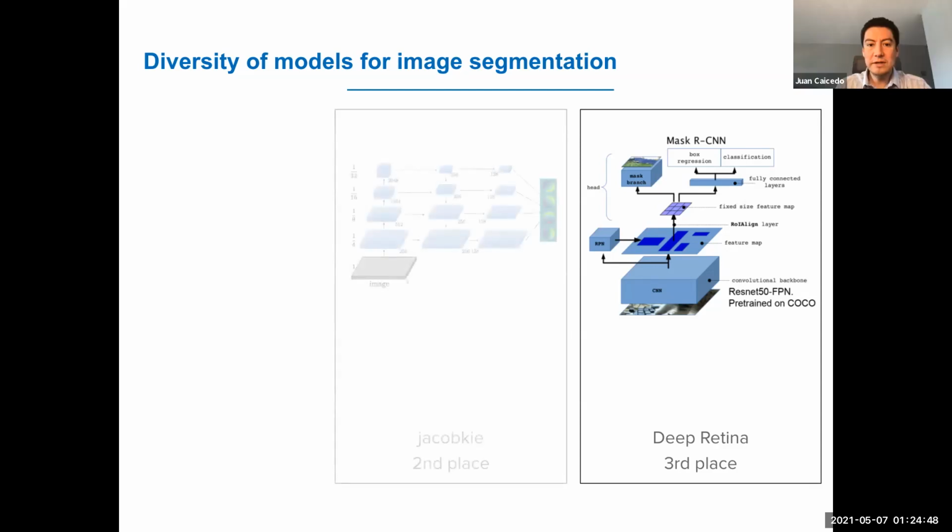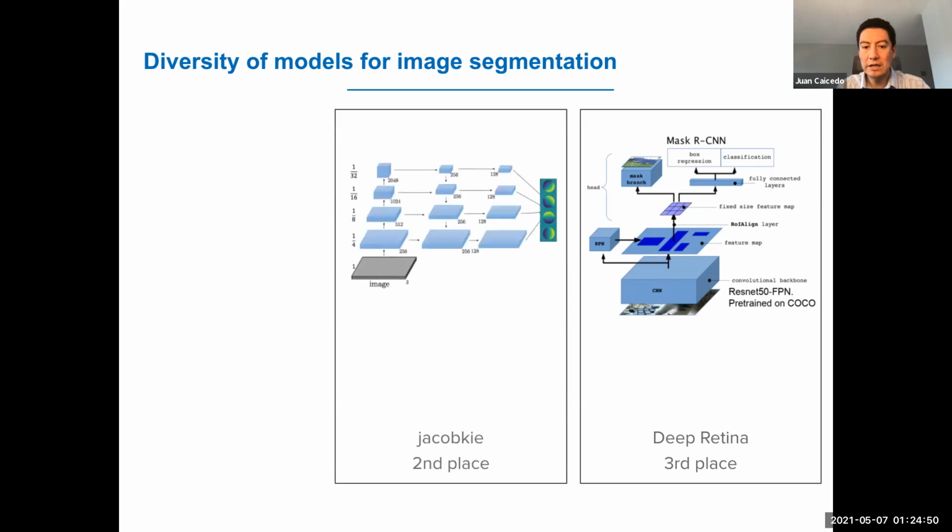Sure. So in second place, what we had was another type of architecture. And I think this is also kind of interesting because, again, it tells us that maybe the exact architecture is not as important as the way you train it. The architecture here is an image pyramid network.